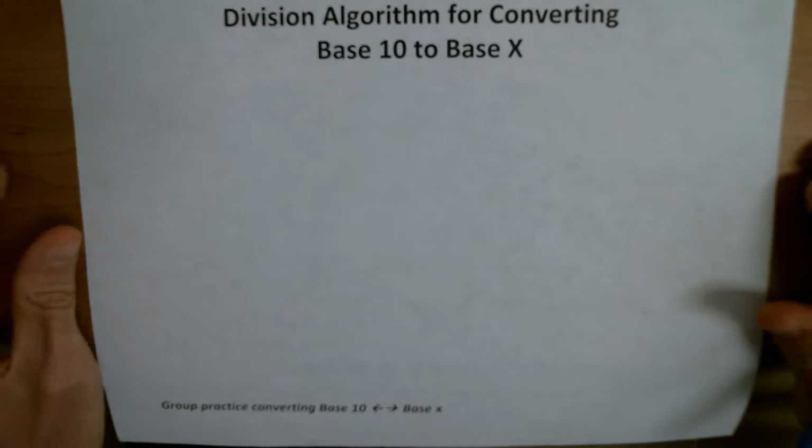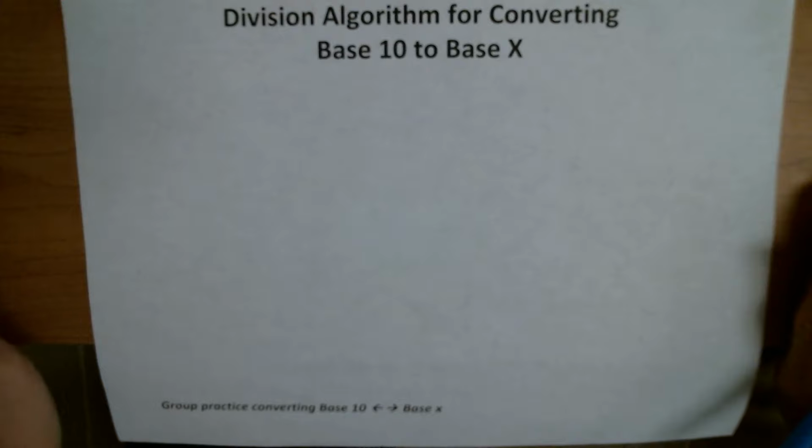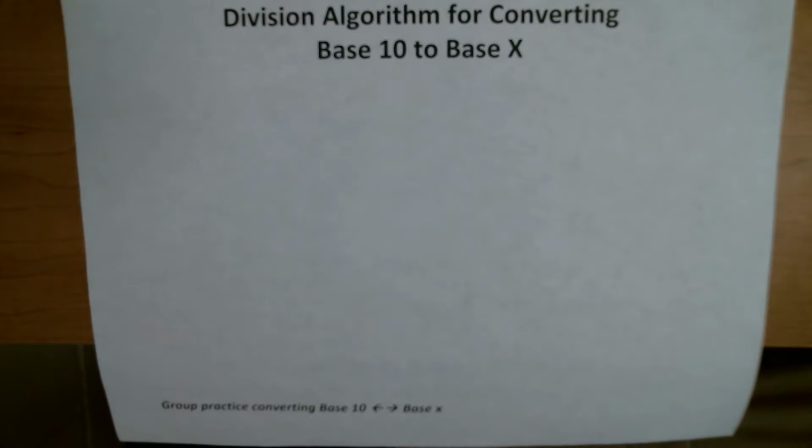The greedy algorithm is a little more annoying for these, so we're not actually going to do it. With binary, the greedy algorithm is easy because it's either a 0 or a 1. It becomes much more challenging with other bases because it's not just 0 and 1, so it's easier to do the division. So when we're going in this direction, we're generally going to be dividing, the same exact thing that we did with binary.